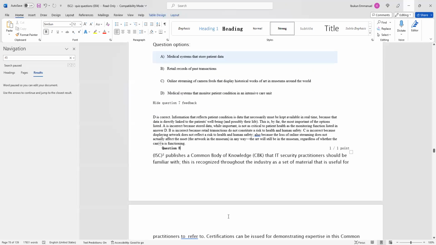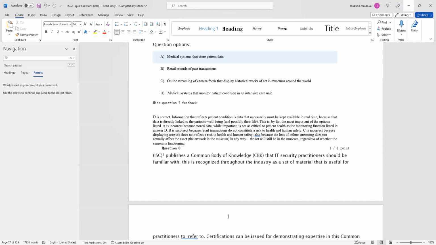Medical systems that store patient data, retail records of past transactions, online streaming of camera feeds that display historical works of art in art museums around the world, medical systems that monitor patient conditions in an intensive care unit. The answer to that is D, medical systems that monitor patient conditions in an intensive care unit.